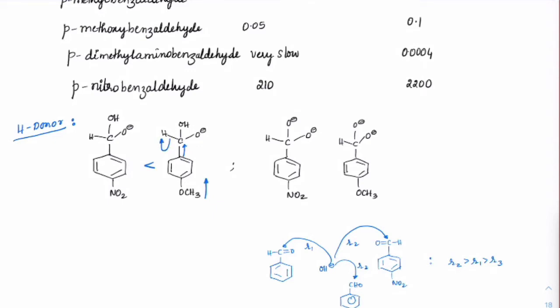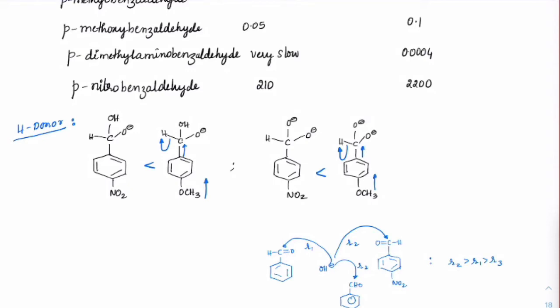This is a monoanion, oxyanion. This is the dianion. Even in the dianion, OCH3 is a donating species. It will donate so strongly that H minus shift will be easier. So you will see hydride shift will be better for this.